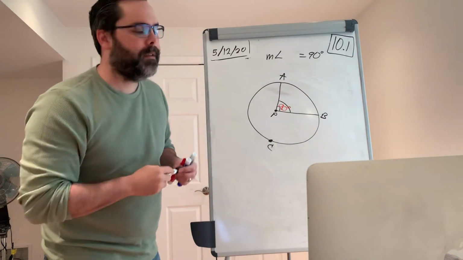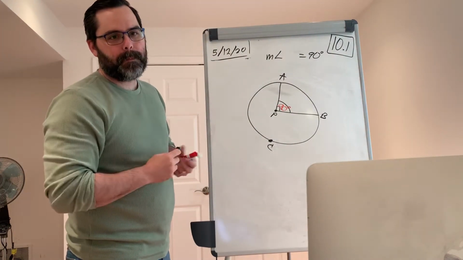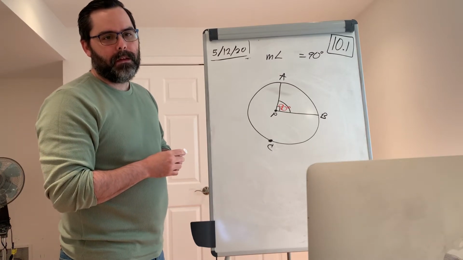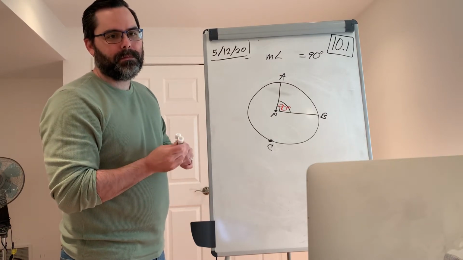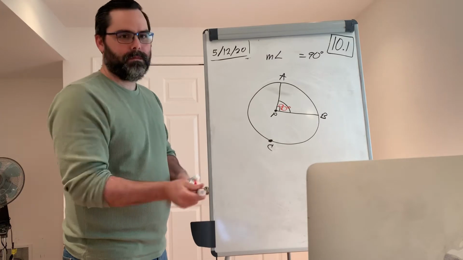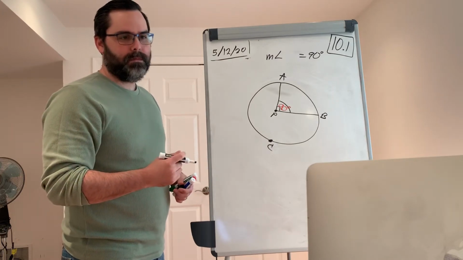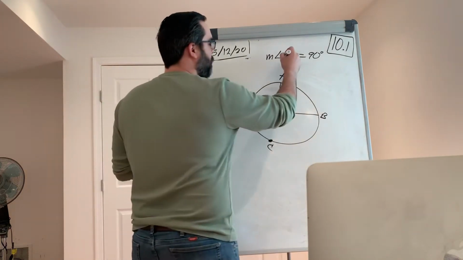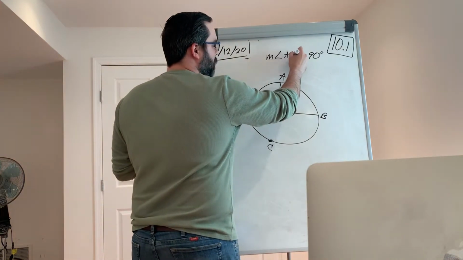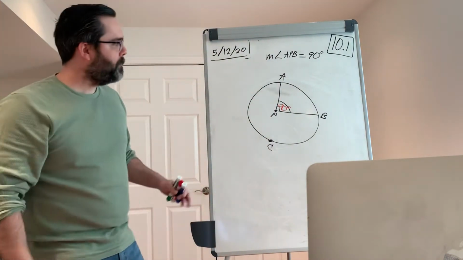P, I'm sorry. P is the center. Not AB. It would be the measure of angle APB. Right? Okay.